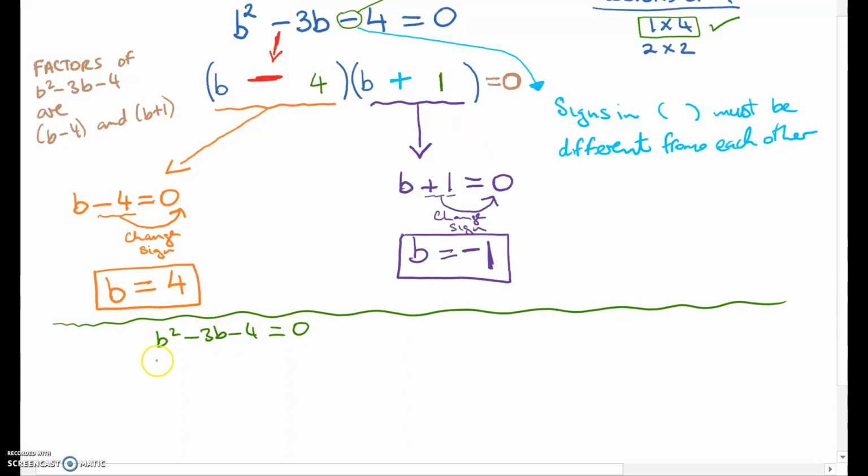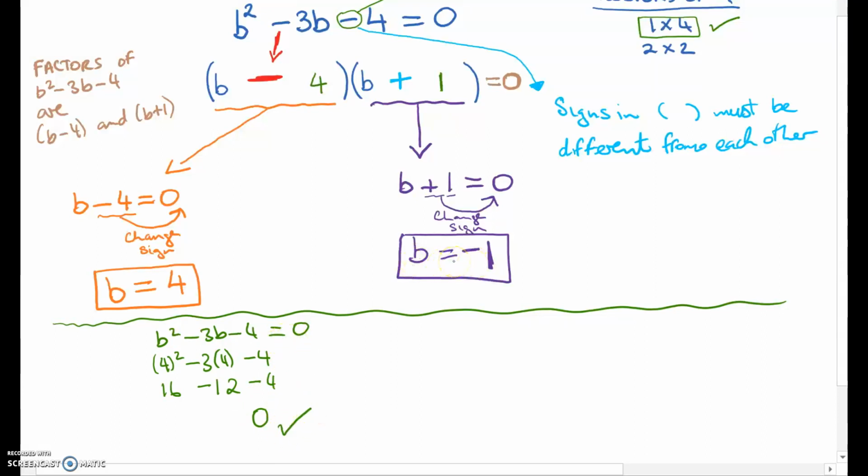Well, let's put in the 4. 4 squared minus 3 times 4 minus 4. Well, 4 squared is 16. Negative 3 by 4 is minus 12. Minus 4. 16 minus 12 is 4. 4 minus 4 is 0. So this side is equal to 0, which is what we predicted. We wanted that to be equal to 0.